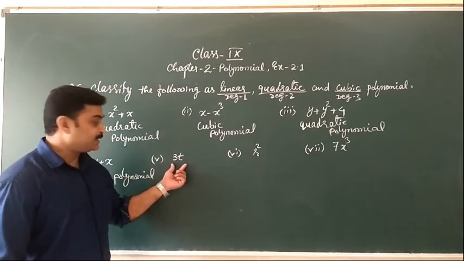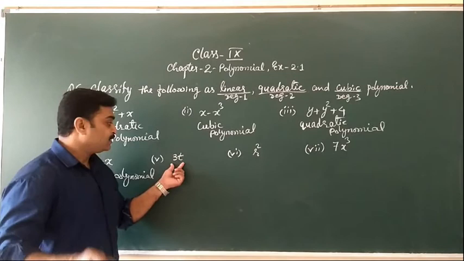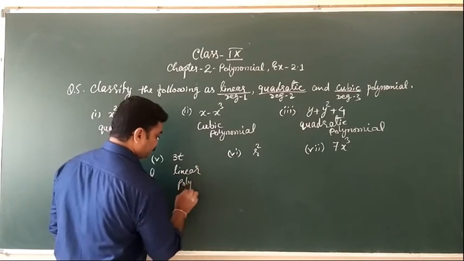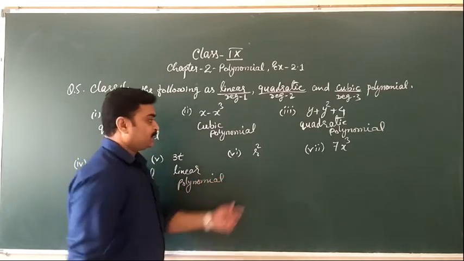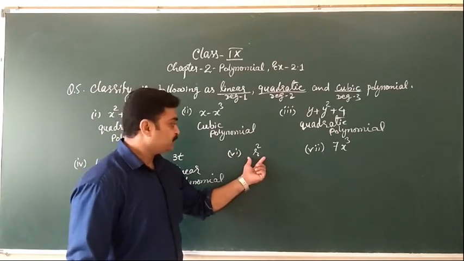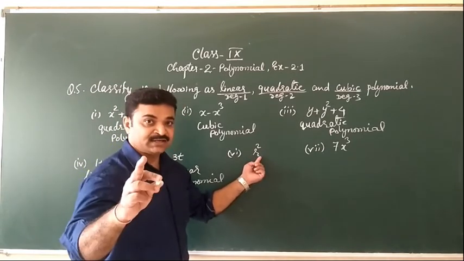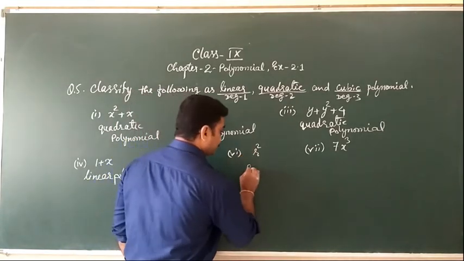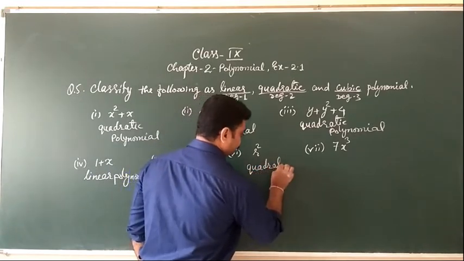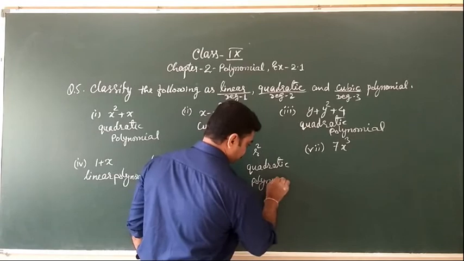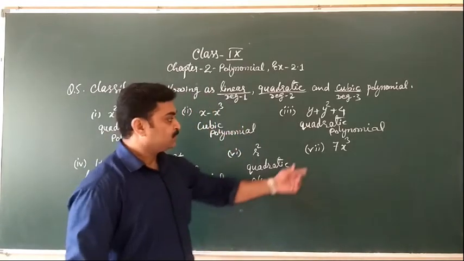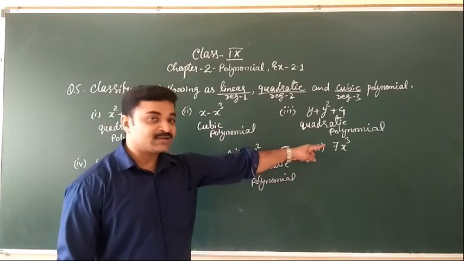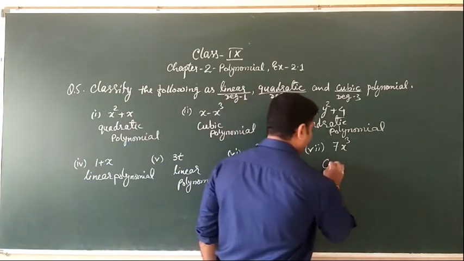Here again a single term, a monomial, but degree is 1. Therefore it is again a linear polynomial. In this term, a single term monomial, but degree is 2. So we write quadratic polynomial. In the last question, again a single term, a monomial, but power is 3. That's why it is a cubic polynomial.